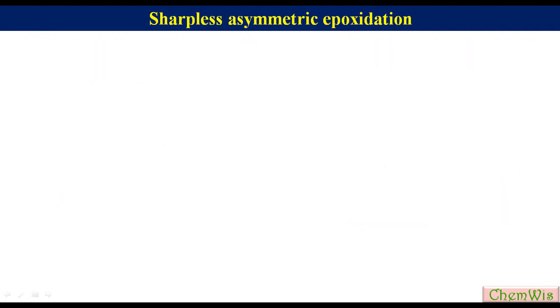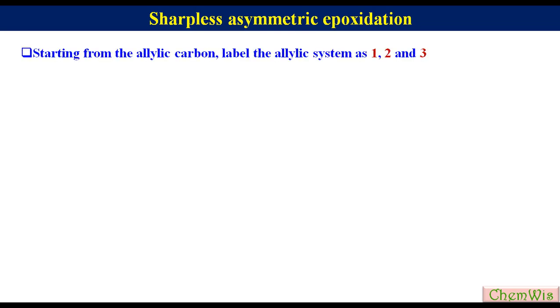Now we will learn tricks for finding stereochemistry of epoxide formed during Sharpless Asymmetric Epoxidation. We should follow the following steps. Starting from the allylic carbon, label the allylic system as 1, 2 and 3. Draw an arrow from 1 to 3.